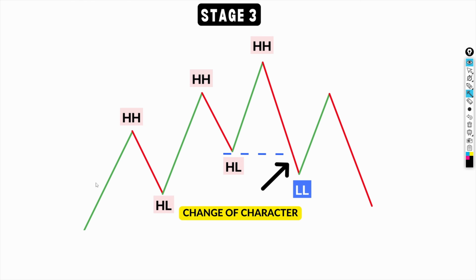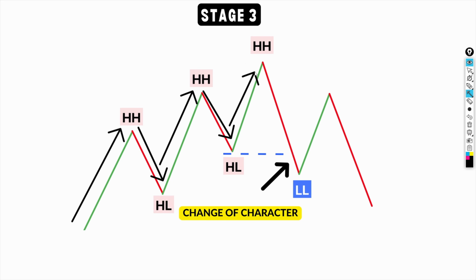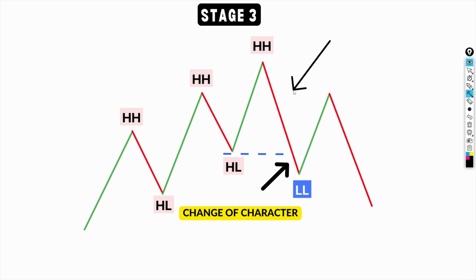If you read this chart, you will find that previously the buyers were more, the sellers were less, and here the buyers were dropping and suddenly sellers took over. If you compare the strength, you can say that the sellers are here more than the buyers here, which shows that the buyers are losing their control, and you can expect a reversal now because there is a change of character. The market created a new lower low.